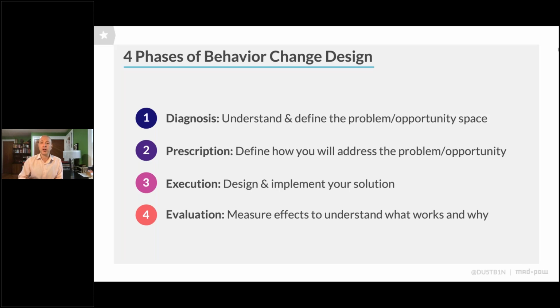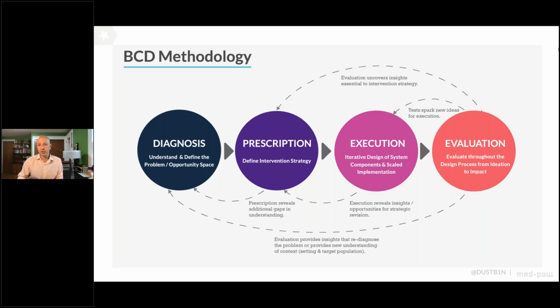And then thinking about evaluation, so measuring those effects to understand what works and why, so that we can optimize, adapt, and scale. We think about that evaluation, and actually all of the different phases, as really an iterative approach.